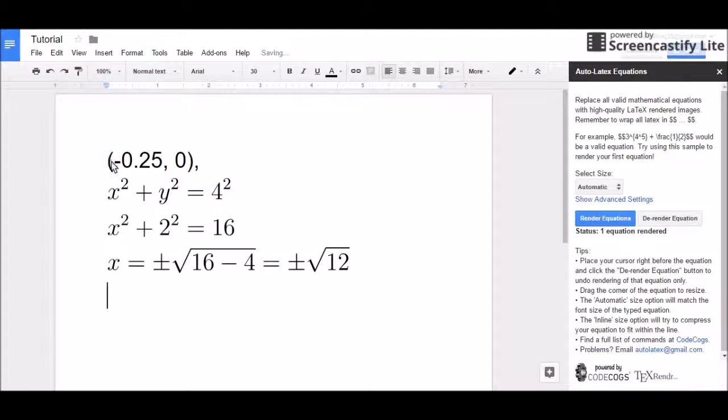So we have negative 0.25 comma 0, which is just negative 1/4. And then we also have... I put the 2 points down here. Negative 1/4 comma 0.